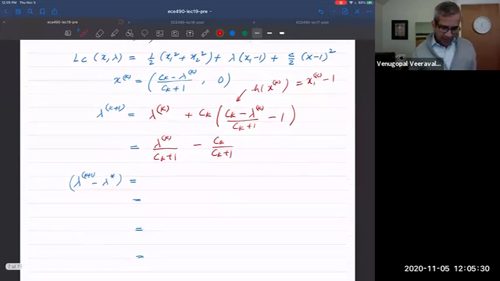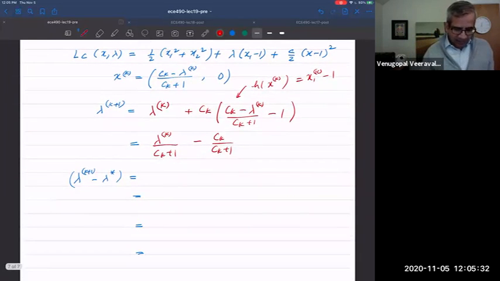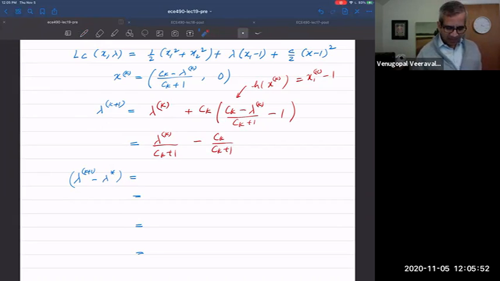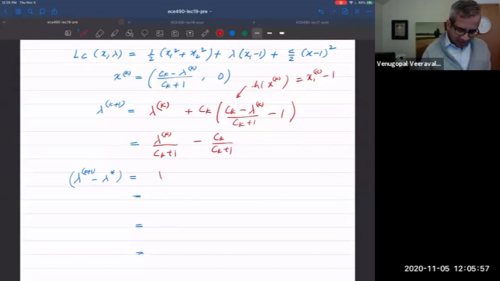Now let's see whether this gradient ascent iteration actually converges to lambda star. To see that, let's look at the difference between lambda_(k+1) and lambda star. We already know lambda star is -1 in this case. So lambda_(k+1) minus lambda star is just lambda_(k+1) plus 1. Now we plug in lambda_k divided by (c_k plus 1) minus c_k over (c_k plus 1), plus 1.